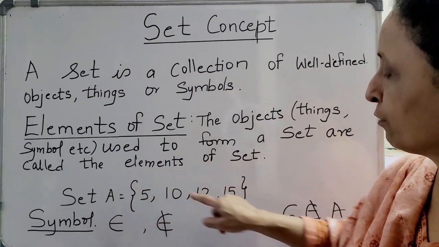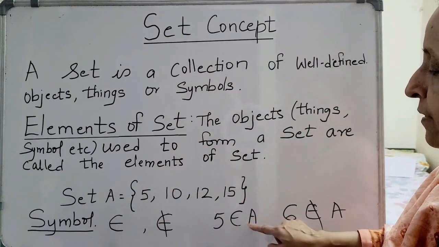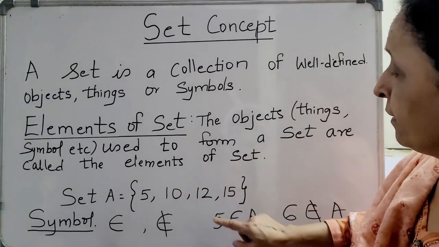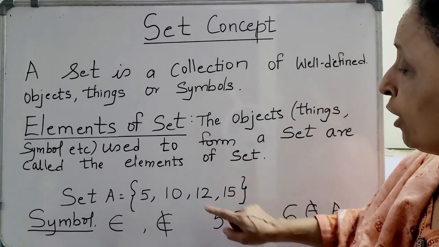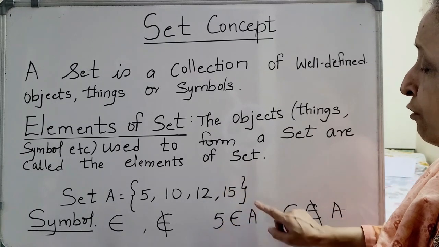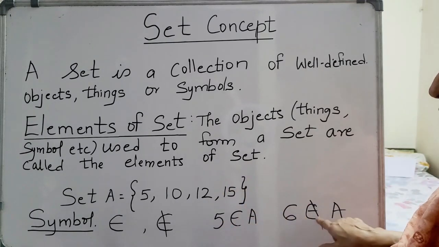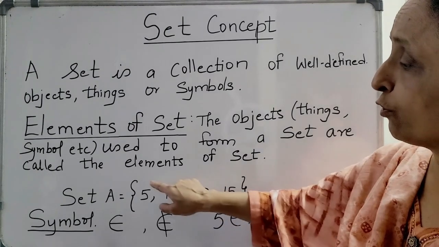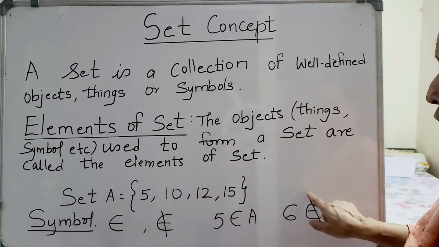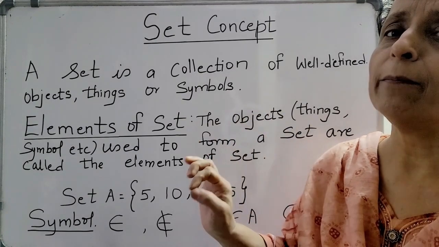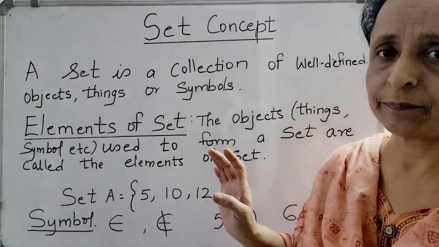So 5 belongs to set A. I'll be writing like this. 10 belongs to A, 12 belongs to A, 15 belongs to A. But 6 is not a member of this set, so I'll put a stroke to show 6 is not a member of this set.